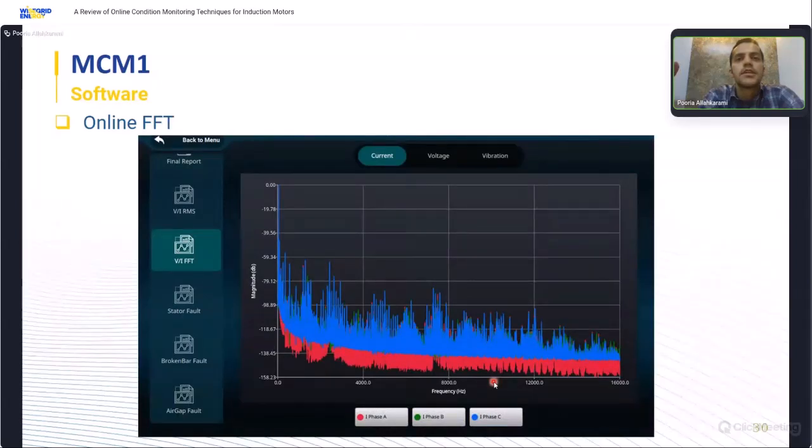As you can see here, there is a current and vibration signal measured in the frequency spectrum, which allows us to detect some faults, and by measuring some characteristic frequencies, like the sideband around the fundamental frequency, we can detect some of the faults in the motor, such as a broken rotor bar or the mass imbalance in the motor.